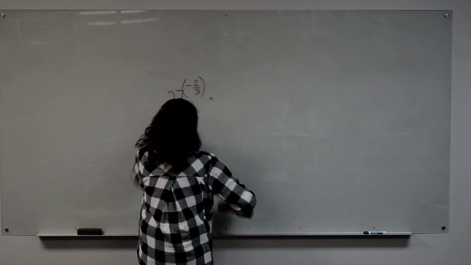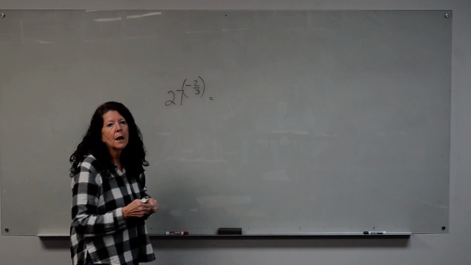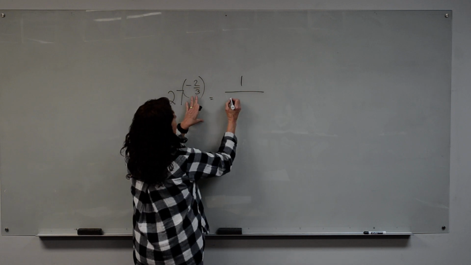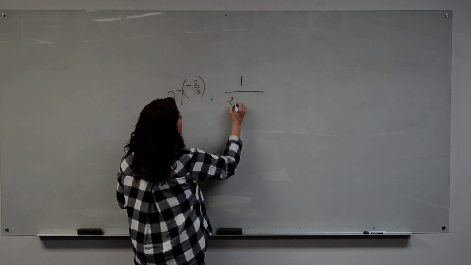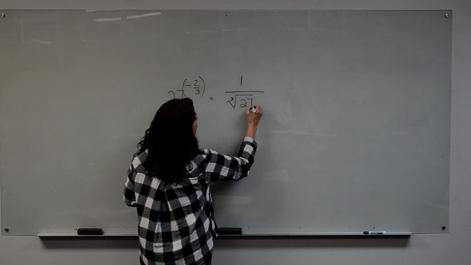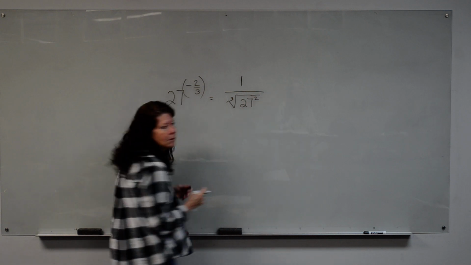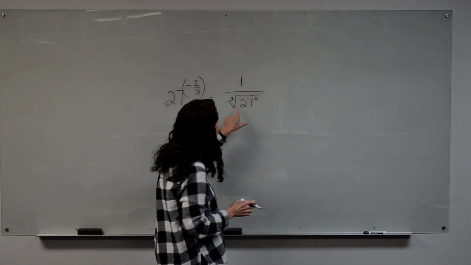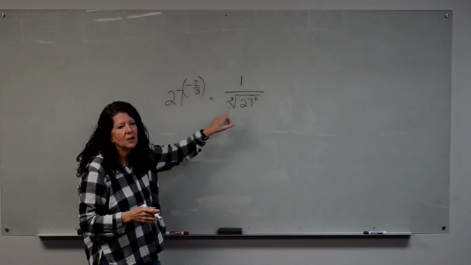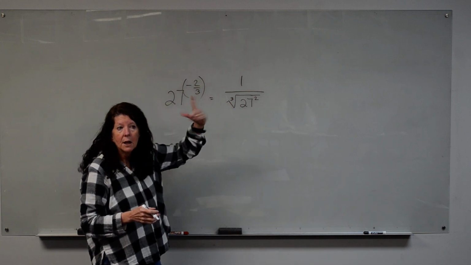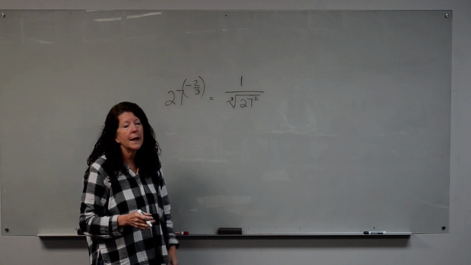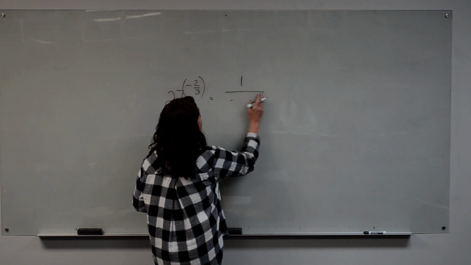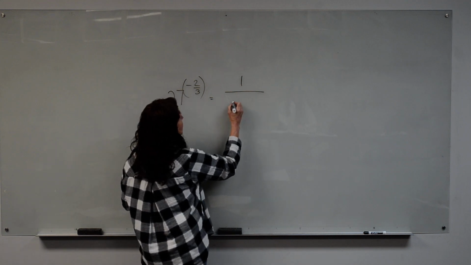The negative on the exponent means I'm going to go to the bottom. So I have 1 over the cube root of 27 squared. That's one way to set it up. Now, you could, on your calculator, take the cube root of 27 squared, and you're going to get 9. If you want to do this in a different way, some of you this will make sense to, some of you it won't.